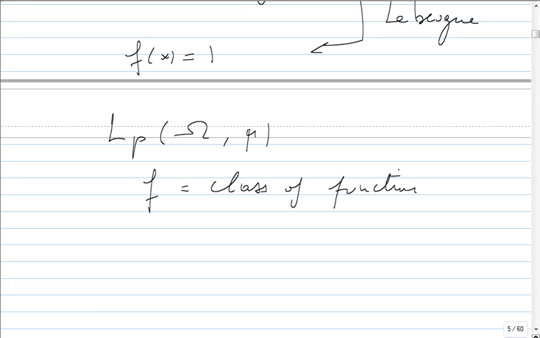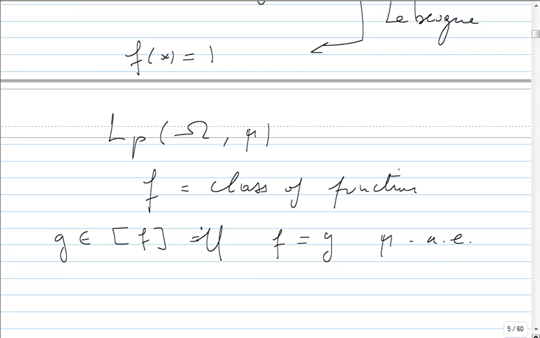Meaning, g belongs to the class of f if and only if f is equal to g, mu almost everywhere. So it's not an individual function. It's a set or a family of functions, and they all have this property of being equal up to a set of measure 0.